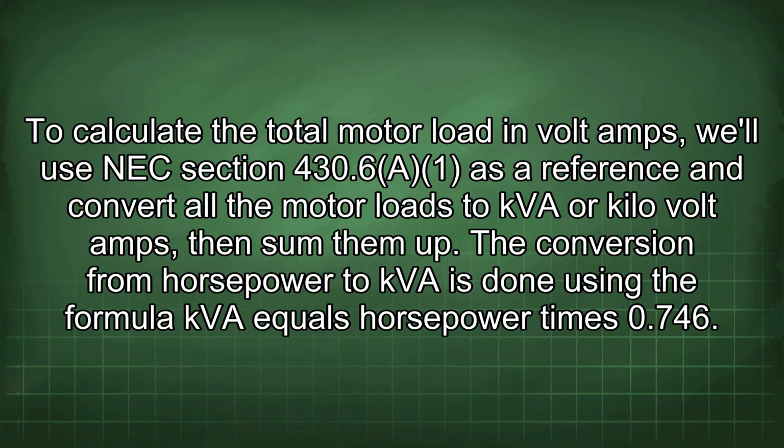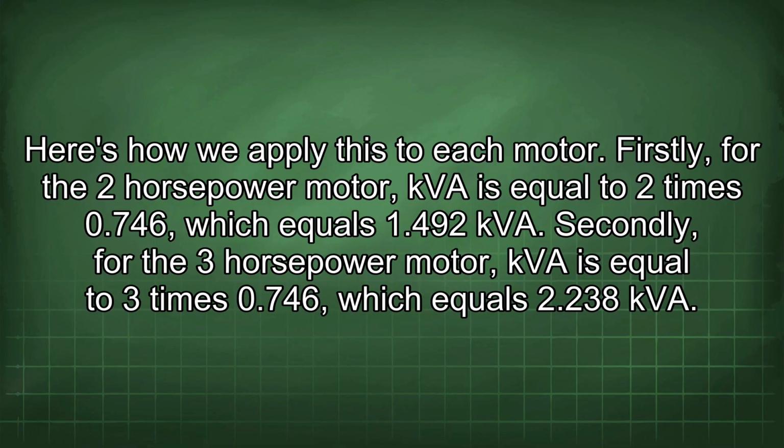To calculate the total motor load in volt amps, we'll use NEC section 430.6(A) as a reference and convert all the motor loads to kVA, or kilovolt amps, then sum them up. The conversion from horsepower to kVA is done using the formula kVA equals horsepower times 0.746. Here's how we applied this to each motor.